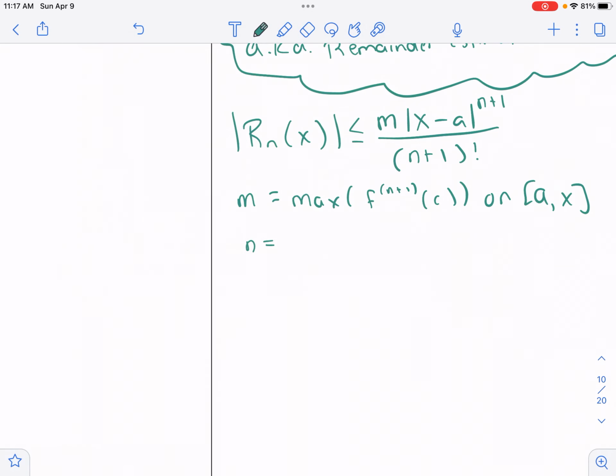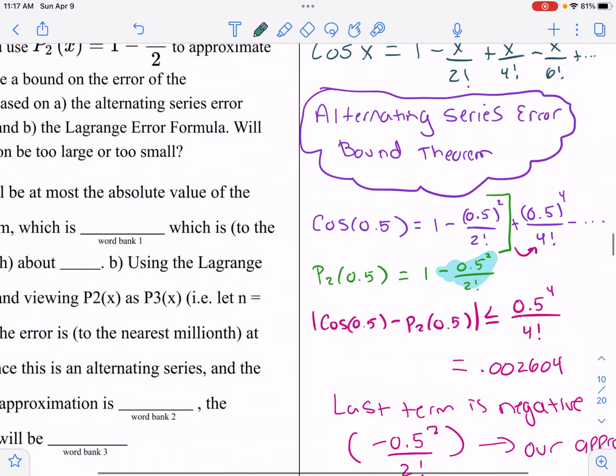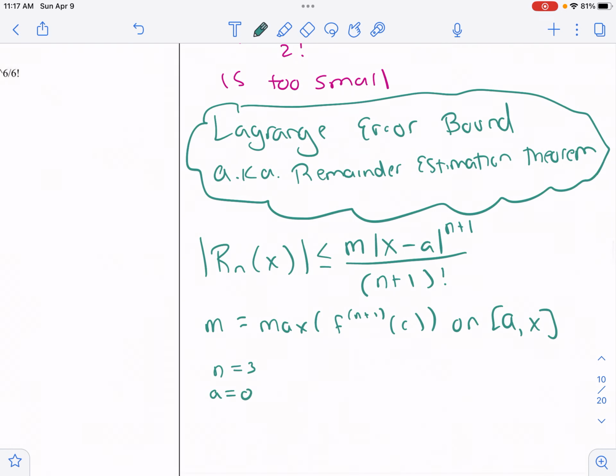Our center is clearly 0. And we're approximating it at 0.5. And for m, we want the maximum value of the fourth derivative.